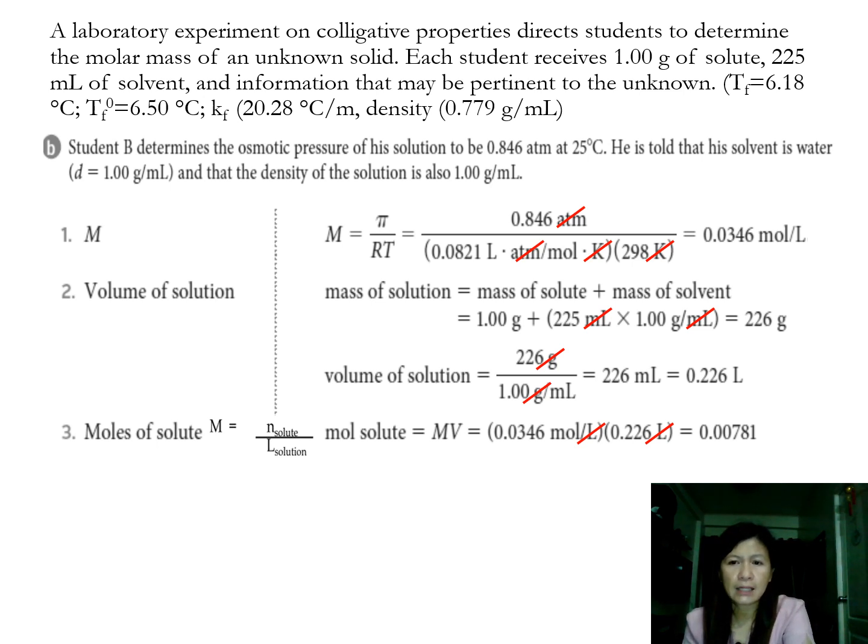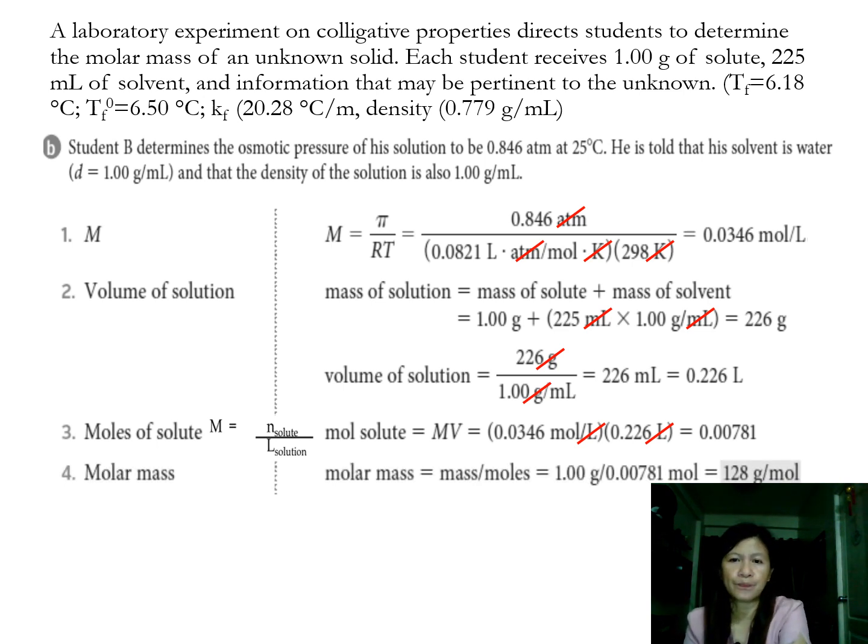The calculated molality in step 1 is 0.0346 mole per liter. The calculated volume of the solution in step 2 is 0.226 liter. We cancel similar unit between numerator and denominator, liter. We will be left with mole. So number 3 will give us 0.00781 mole, which is the mole of our solute.